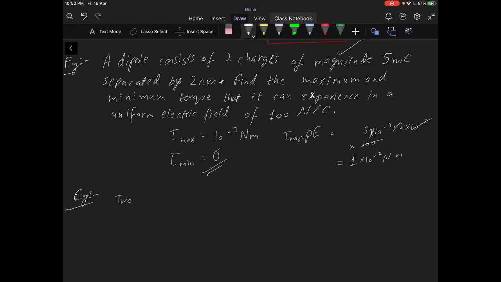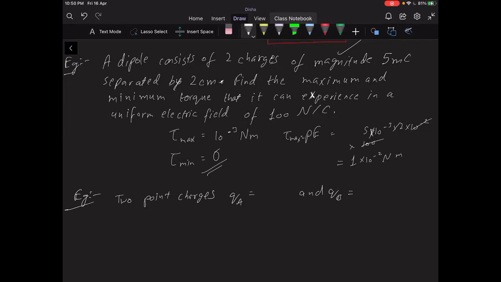Two point charges QA is equal to 3 microcoulomb and QB is equal to minus 3 microcoulomb are located. What? No, I'm so sorry. That was another question, which is too simple. I copied the wrong one. Yeah, using my finger now.